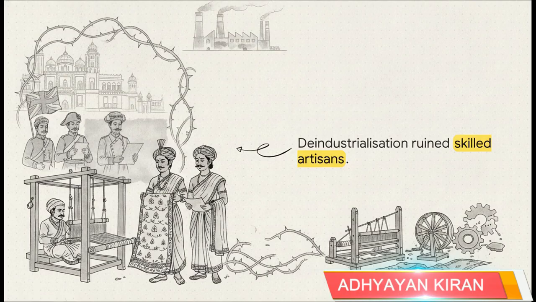But as the British East India Company moved in and annexed these Indian states, well, that royal patronage completely vanished overnight. Suddenly, you had these incredibly skilled craftsmen with absolutely no local buyers for their premium goods. And the tragedy here is that, unlike in Europe, where artisans who lost their traditional crafts were absorbed into new machine-based factories, in India, no steps were taken towards modern industrialization. These artisans were just left totally destitute.